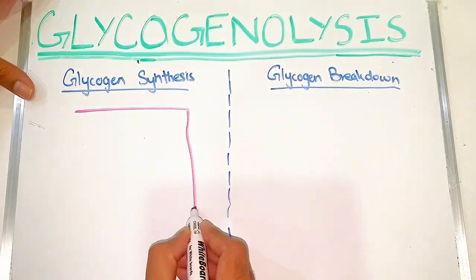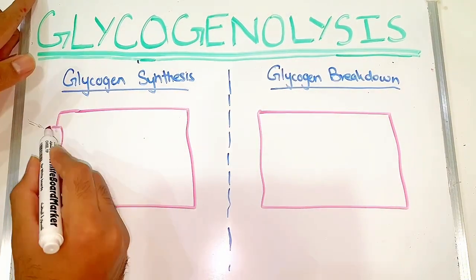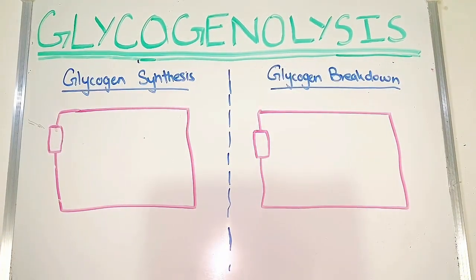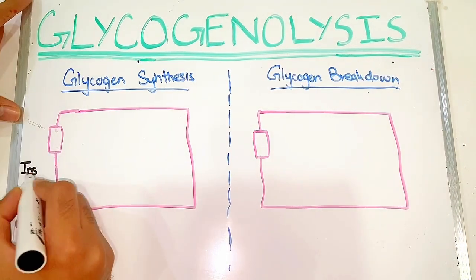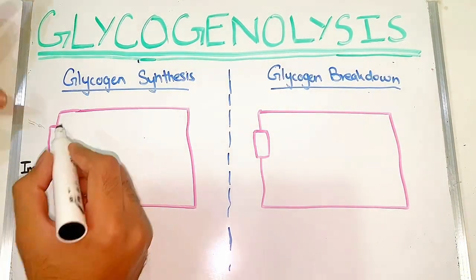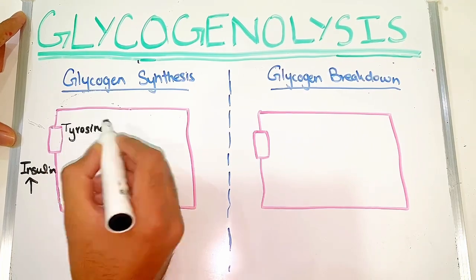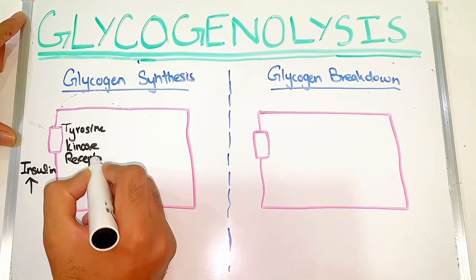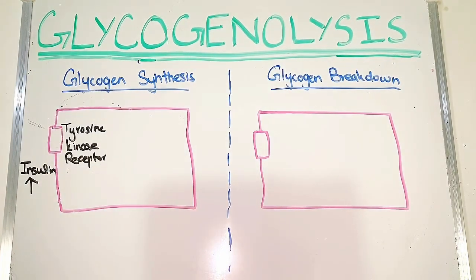Now let's see how these processes are stimulated within the cell. Glycogen synthesis happens when there is more glucose in the body. So when there is more glucose, more insulin will be released. Insulin will stimulate a receptor which is present in the cell membrane, which is called tyrosine kinase receptor.